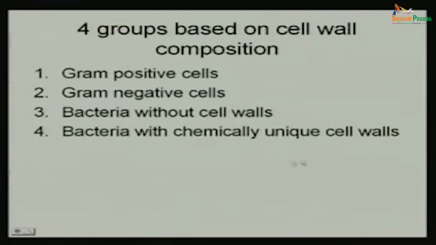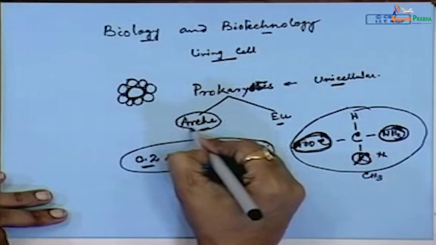In some cases, we can find bacteria without a cell wall, and in some cases bacteria with a chemically unique cell wall. That type of bacteria comes under the category of archaebacteria.